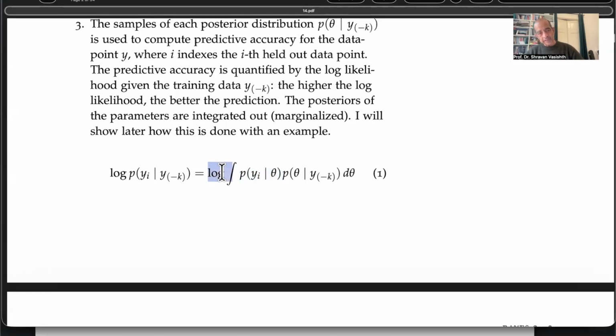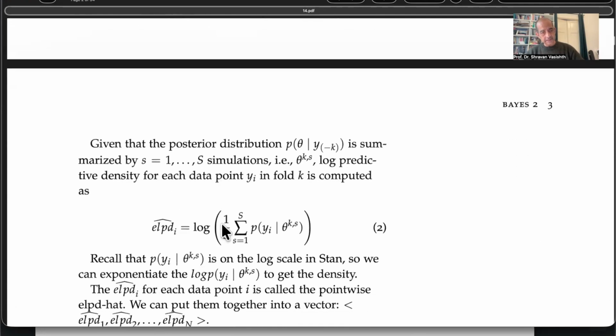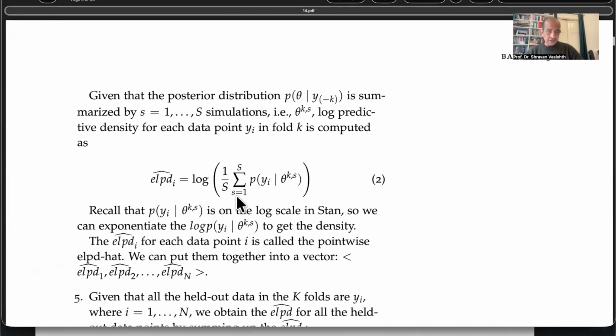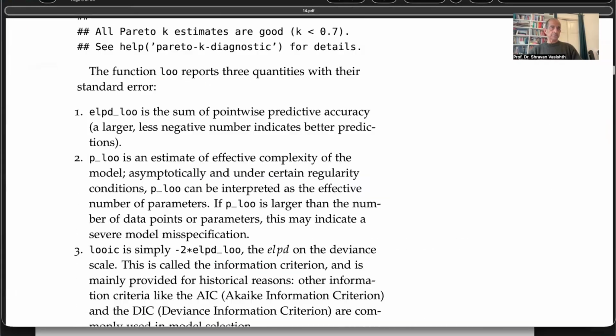We're going to do the logging later. The log will be done later, after the likelihoods have been summed up. Okay, so that's what's going to give us the pointwise ELPDs. So we need to get back to the original scale of density, not log density. So how do we do that? We exponentiate the data. So that's where I was.